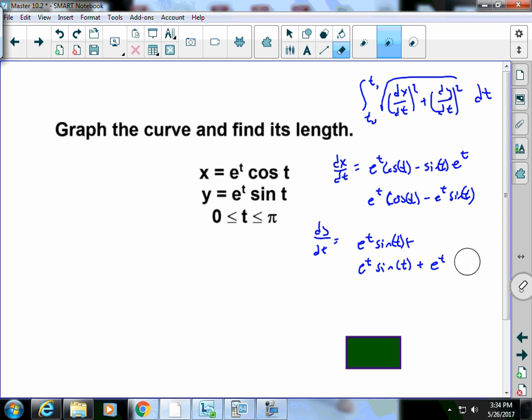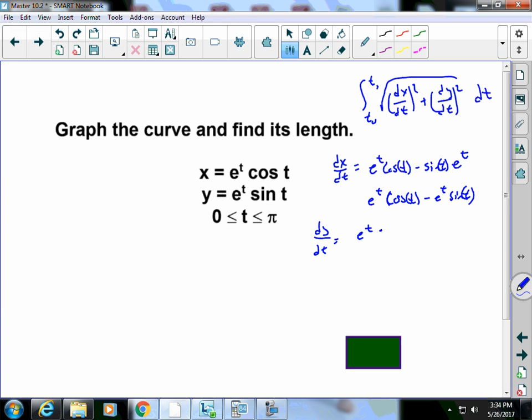I'd like to say no one corrected me, but there's nobody here to correct me. So let's redo the derivative of dy/dt. You're all probably going, what the heck's going on? That makes no sense. So let's fix that. The derivative of e to the t is e to the t times sine t. The derivative of sine t is cosine t, e to the t. I swear I thought that, and I just didn't write it. This looks a lot better now, just rewriting it so the e to the t's are in front.